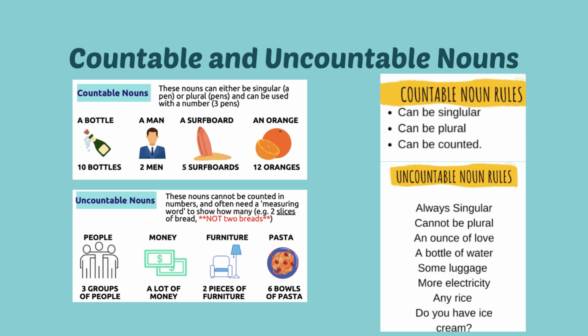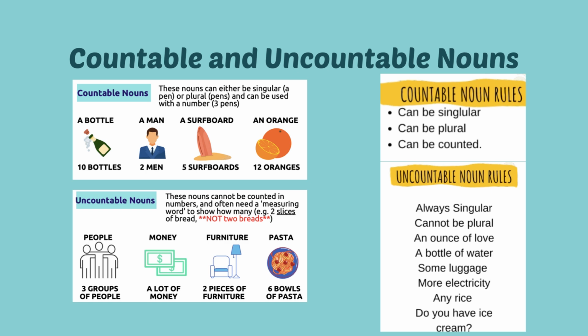I have 10 monies. No, that is not correct. Money is not countable. You have to use a measuring word. I have a lot of money. Okay? You can say, I have $20, or I have a lot of money. Dollars is countable, but money is not.